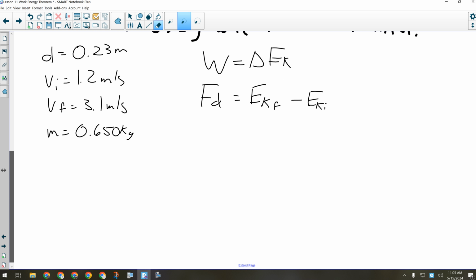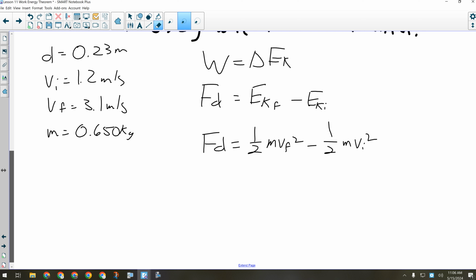I can't cancel anything off. At this point, I have to put the formulas in. I'm looking for force. Force is already on the board. I need to put in my formulas for kinetic energy on the other side. FD equals 1/2 mass times the final speed squared minus 1/2 times mass times the initial speed squared.